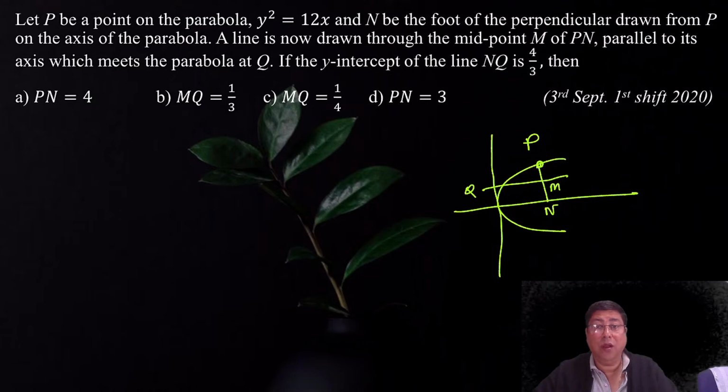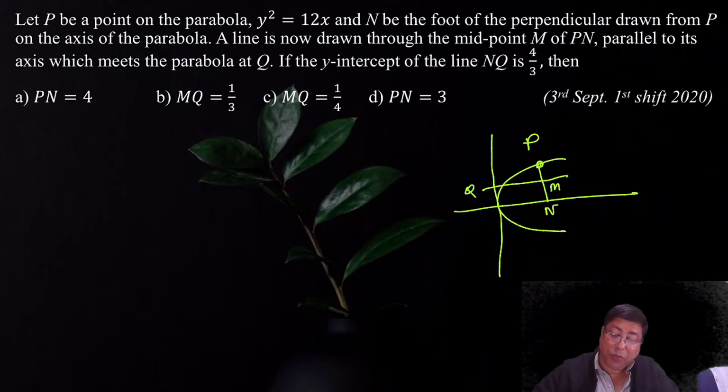Okay, not very long, but the statement is long. The y-intercept of the NQ is 4/3. What is asked about the values? This is a question. So let us do one thing.